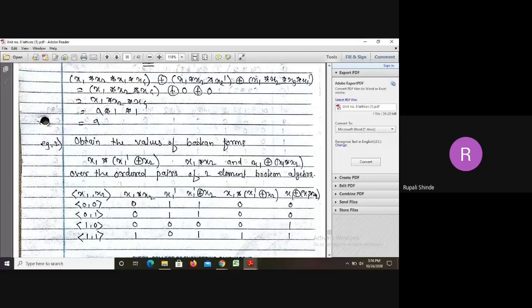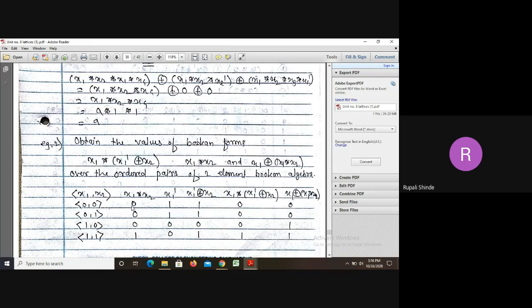And next one is x1 XOR x1 star x2. So again you have to take XOR operation between these two columns. First column is for x1 and next one is for x1 star x2. So again XOR operation means what? If both the values are 0, then only final value will be 0. Otherwise it is 1.